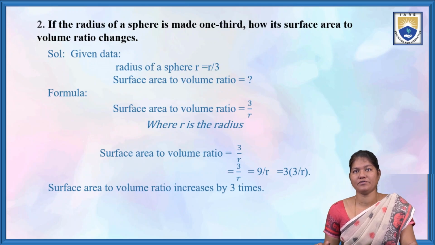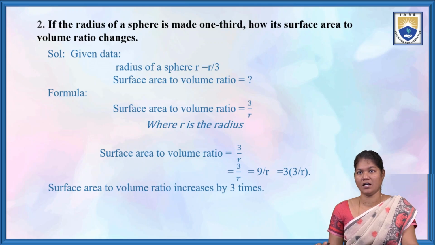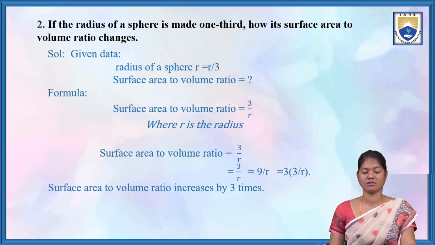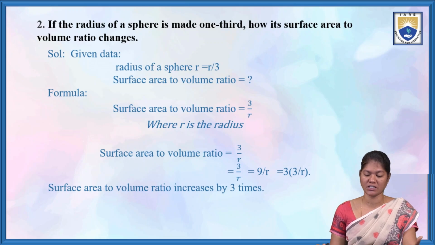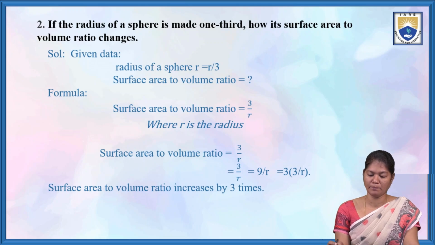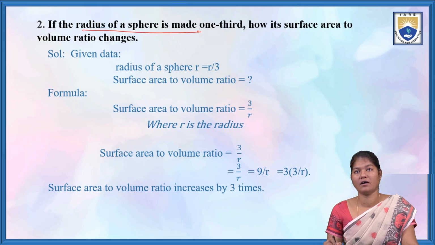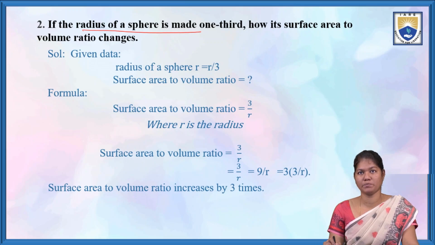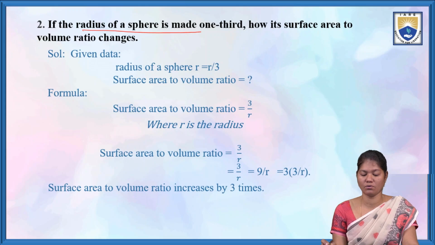Next one: if the radius of a sphere is made 1/3, how does its surface area to volume ratio change? The given data is the radius of a sphere. The sphere radius is made 1/3.